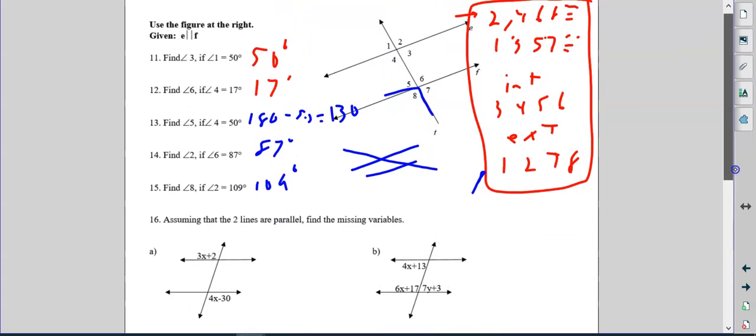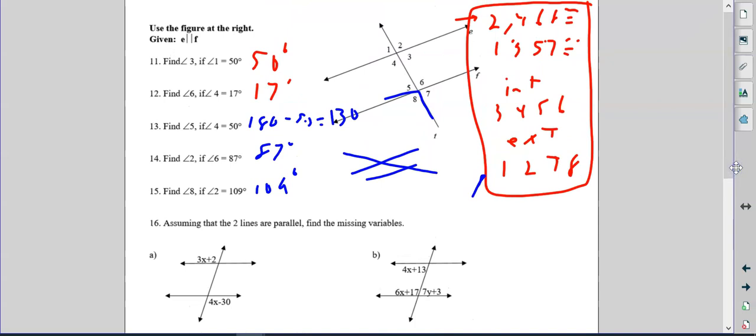Now, this handy chart right here can be used down here. Right? Now, they're not numbered, but we can kind of look at that and say, hey, this is like angle 1, angle 2, angle 3, angle 4. If you number it the same way, like this, so all the evens are one kind and all the odds are the other kind, like in this one, all the odds are obtuse. And I can do the same thing here and just copy this over real quickly to keep me on the same thing, and then guess what?